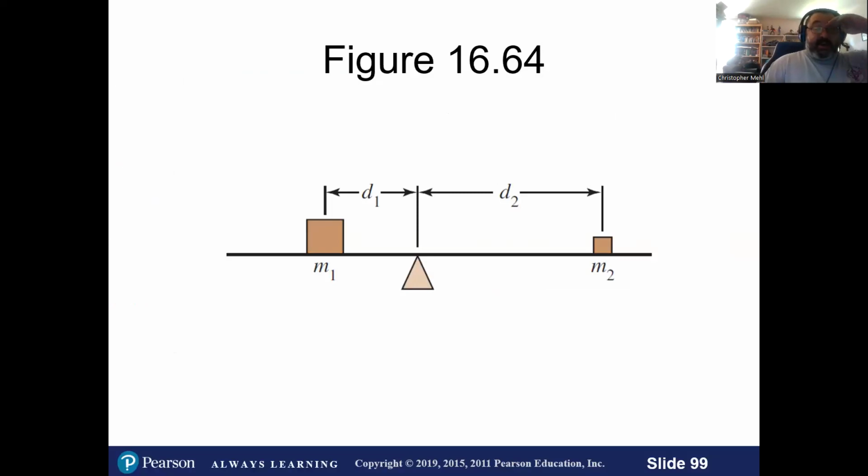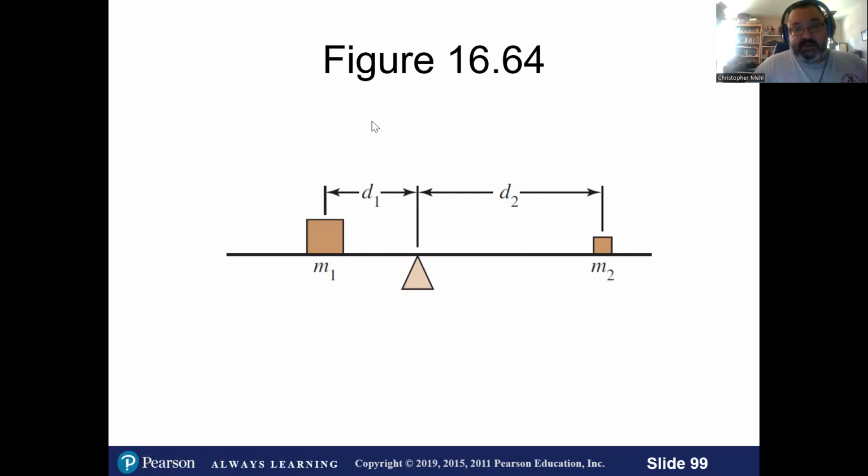Let us look here, going back to our linear ideas. We have this linear thing. Think about a seesaw, right? Put a mass on one side, a mass on the other, and you have the pivot point, the center point, and the seesaw balances. It's a simple lever. Provided that mass 1 times its distance from the center point and mass 2 times its distance from the center point are equal, then this seesaw balances.